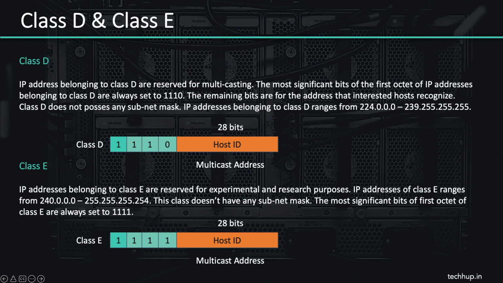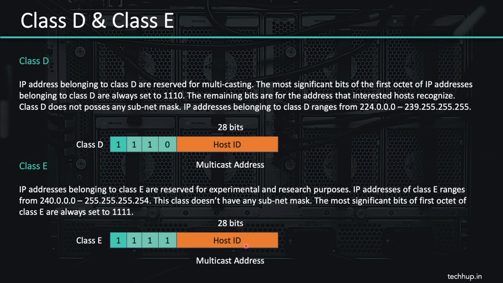The most significant bits of the first octet of Class E are again always set to 1111, and all the remaining bits are dedicated towards the host addressing.